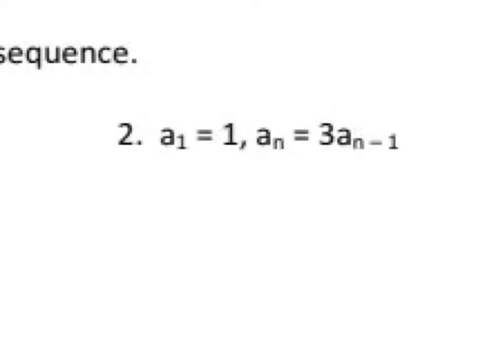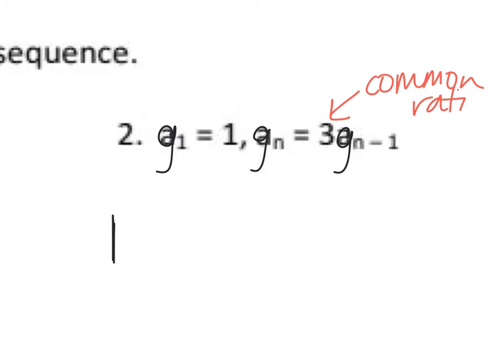These should be G's, right? G, G, G. Okay. The first term is what? G1, so 1. What are we multiplying by? Right here, 3. This is geometric. It's got a G, so you know you're multiplying.